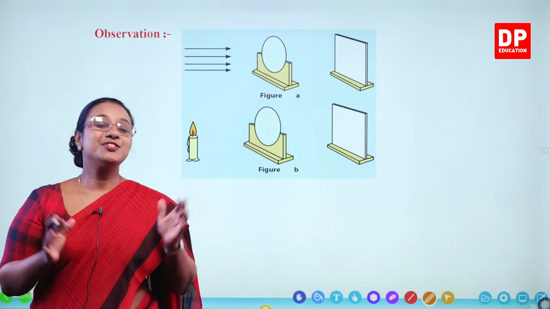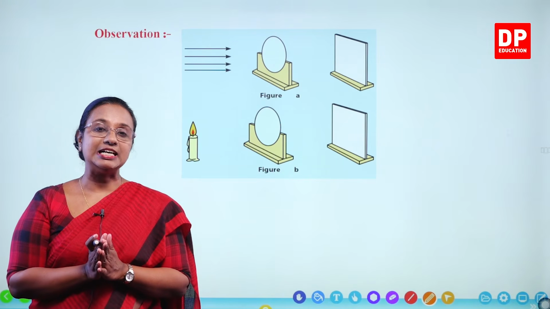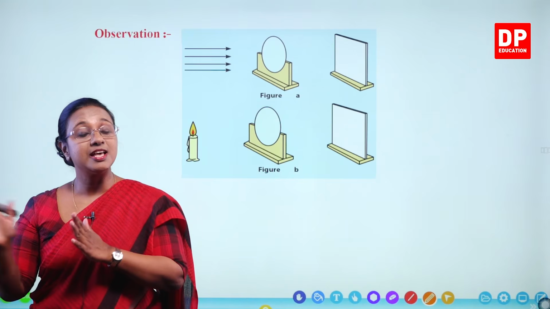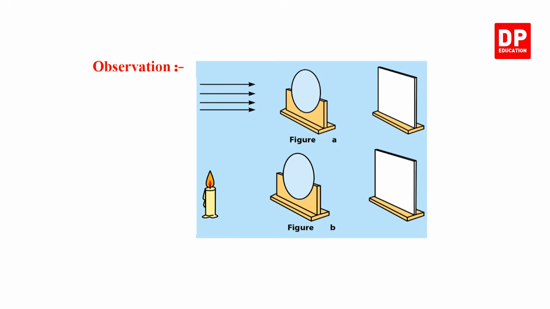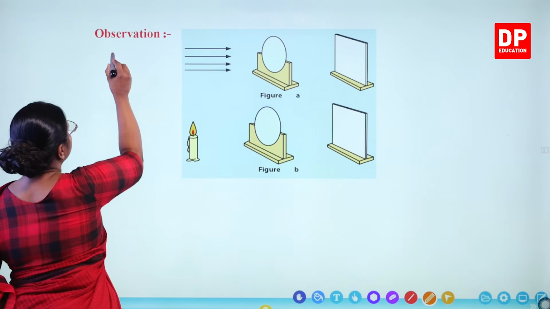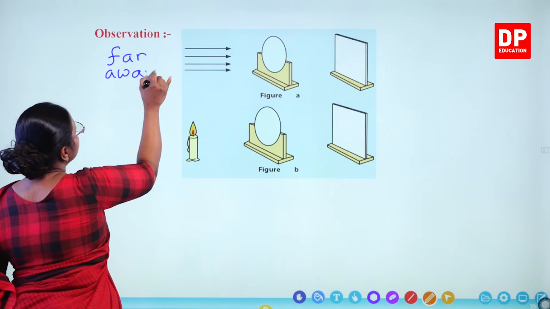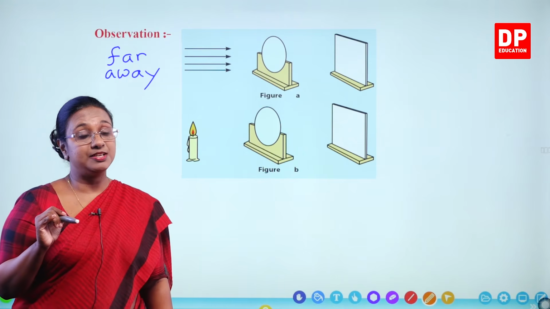Okay, students. So you all saw all the observations. You were able to observe them clearly. What happened first? We looked at an object that was far away from the lens. So that is the first observation shown to you all here. When we use parallel rays, that means the object is far away. To look at the far away object clearly, what type of lens did we use?